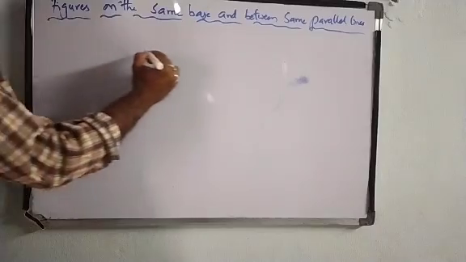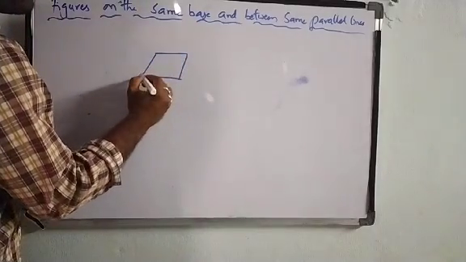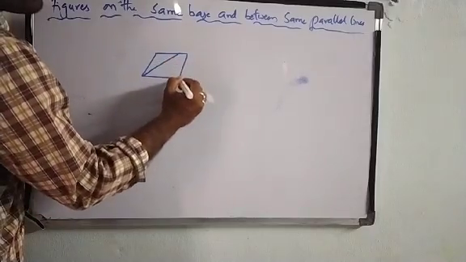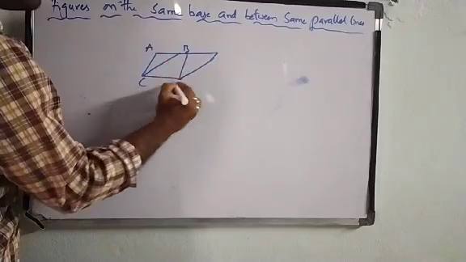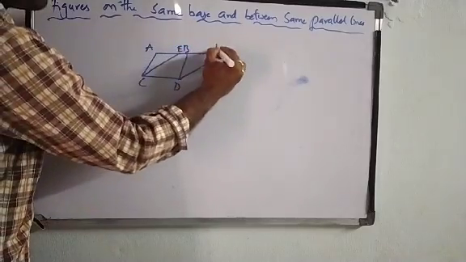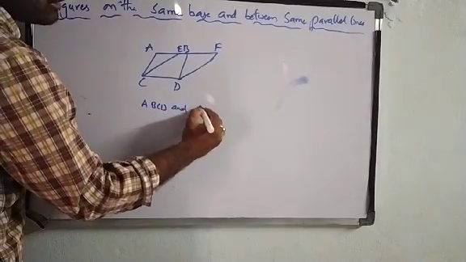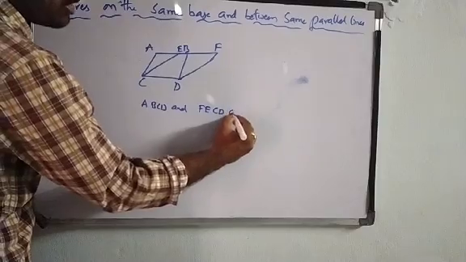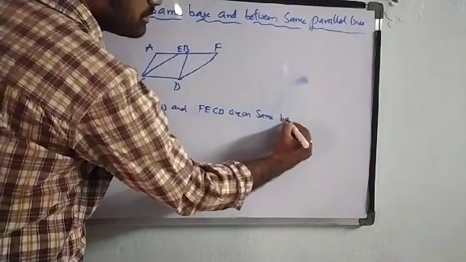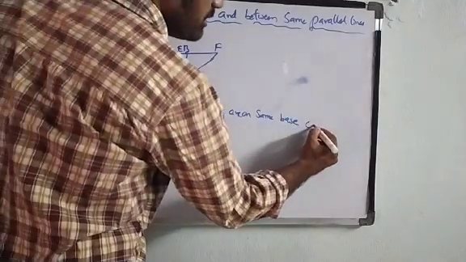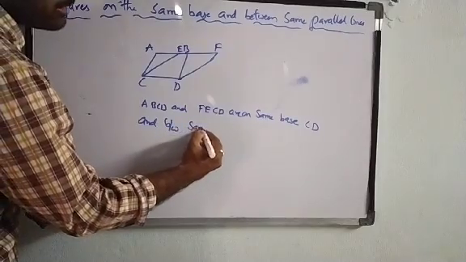So let us take one figure. So this is a parallelogram. So here A, B, C, D, E, F. If you observe here, A, B, C, D and F, E, C, D are on the same base CD and between the same parallel lines.